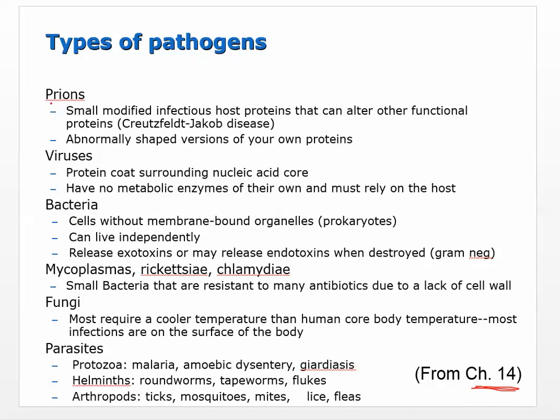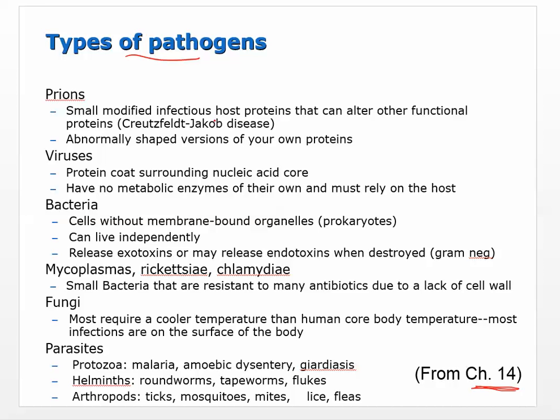Prions, so these are types of pathogens. Prions are basically proteins that fold other proteins. That's the way you can really think about that. You have in you right now proteins that help fold other proteins. Prions are these kinds of proteins that have gone bad. They're helping fold other proteins, but they're really not helping. They're folding them wrong.